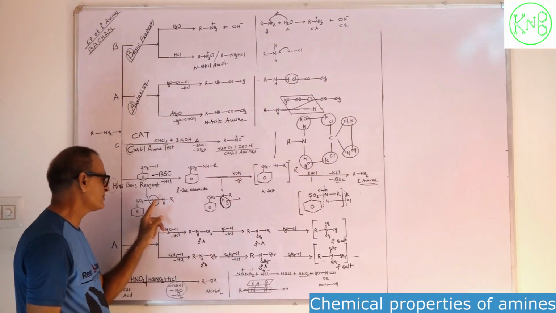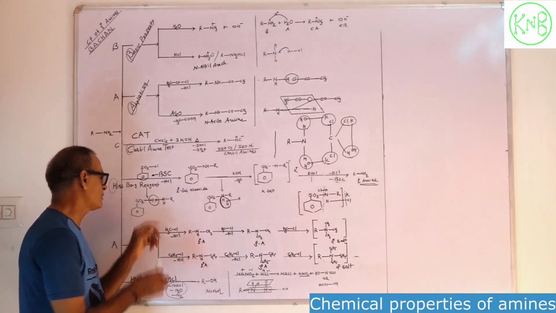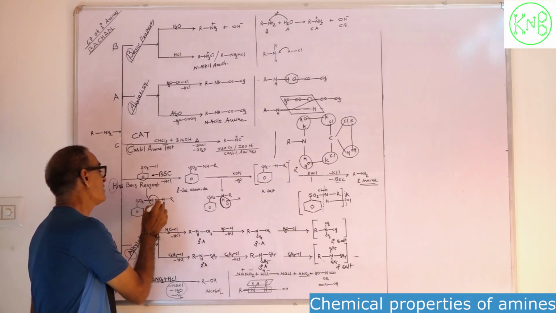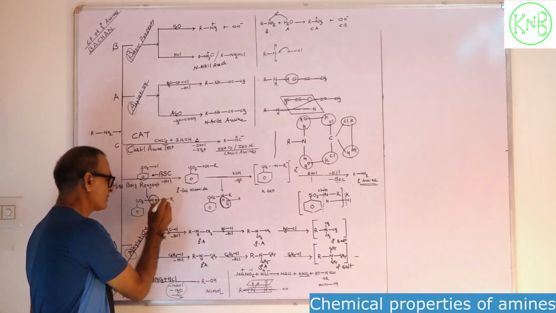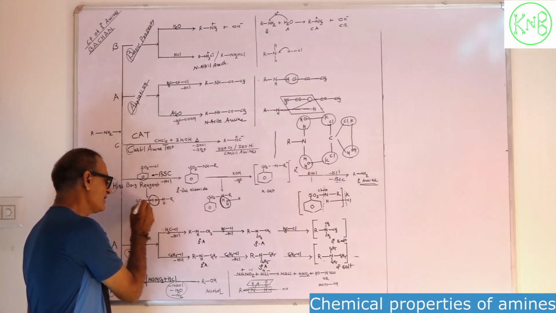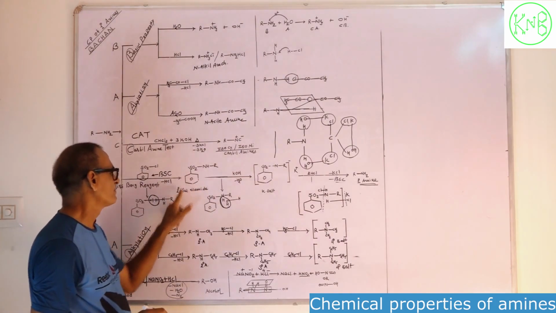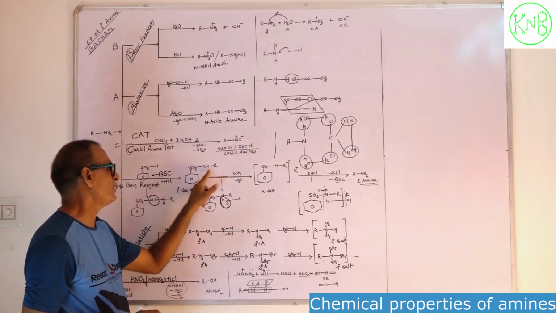The chlorine of BSC and hydrogen of the primary amine will be removed as HCl byproduct. This nitrogen will directly attach to the SO2. That's why our product will be benzene having SO2NHR.